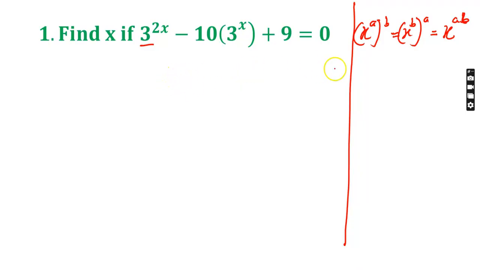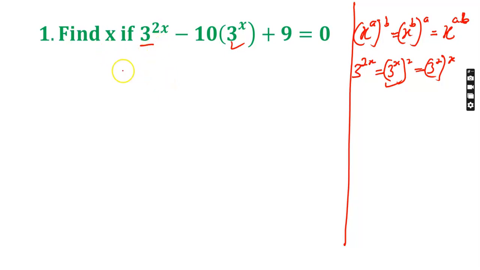So if I have 3 raised to power 2x, this is the same as saying 3 raised to power x, close bracket 2, or 3 squared raised to power x. I'm going to go with this because I have 3 raised to power x here.